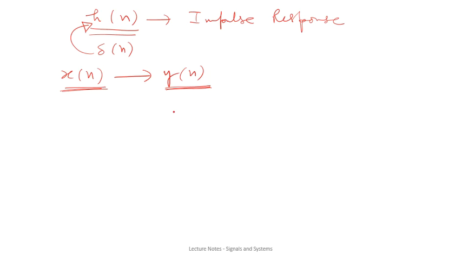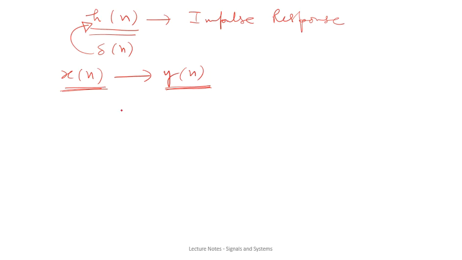Now, using the superposition and time invariant properties of LTI systems, we can express the output as a linear combination of the responses of the system to the shifted impulse signal.